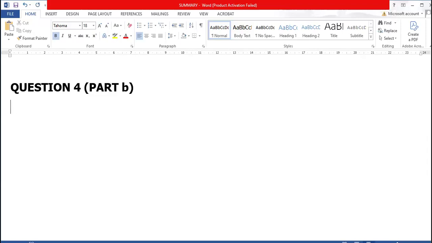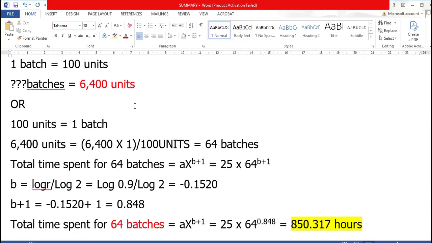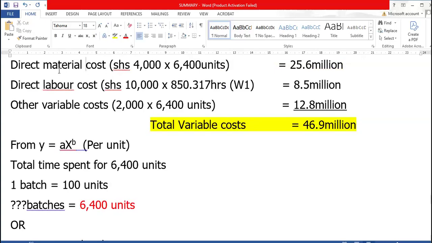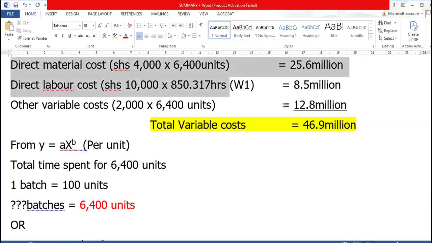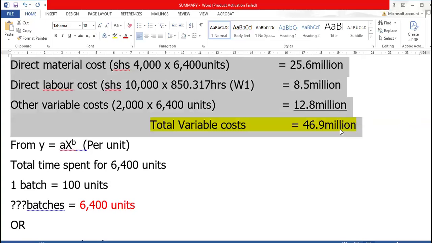That is from your direct materials. These ones will not change. And then direct materials, let me just copy what I have here.